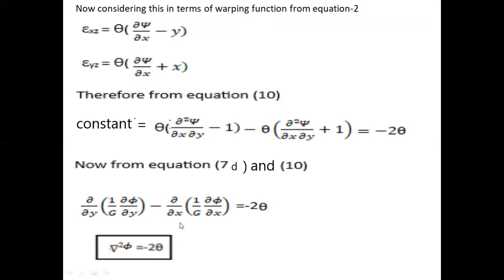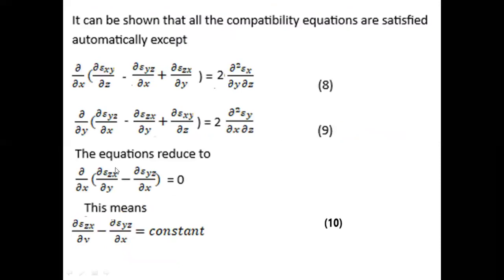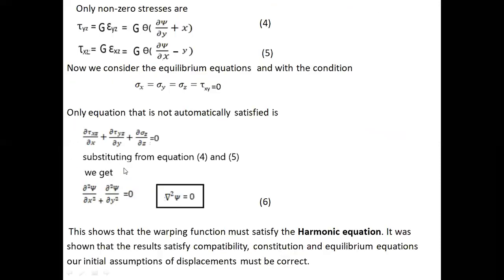Let's understand this very clearly. When we used only the warping function, we got the equation Laplacian psi is equal to 0. We need to solve this for any torsional problem. But finding a function to substitute for psi for a particular problem is difficult.